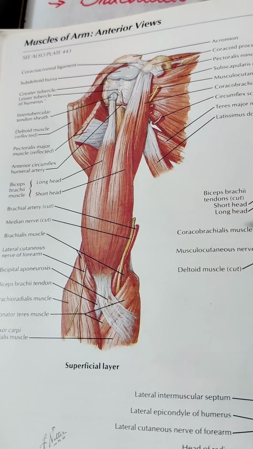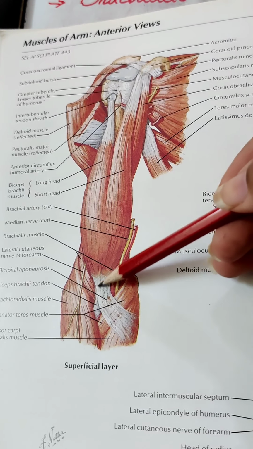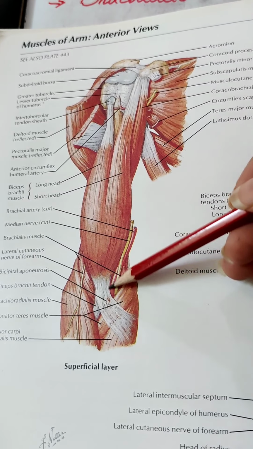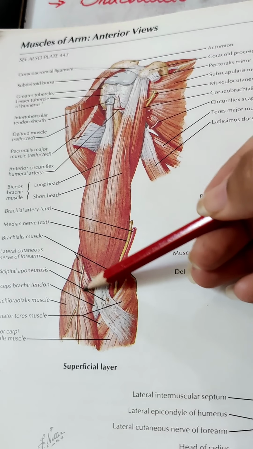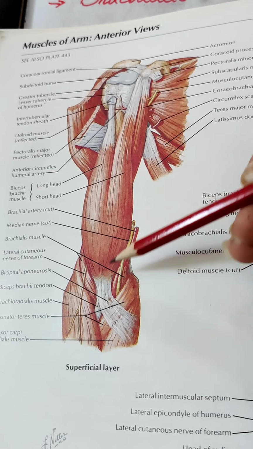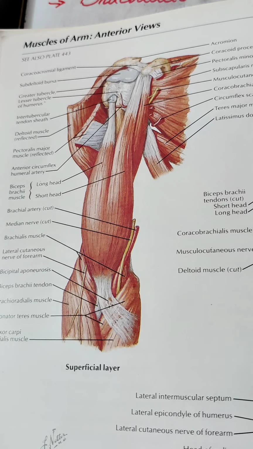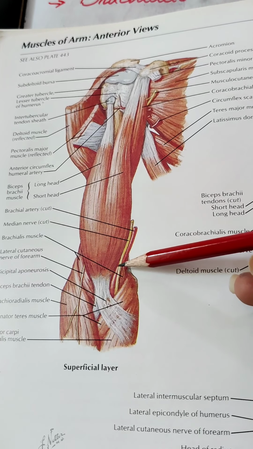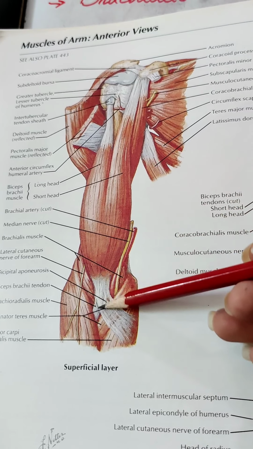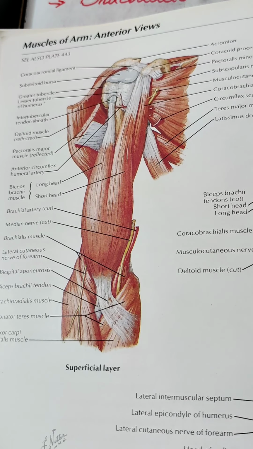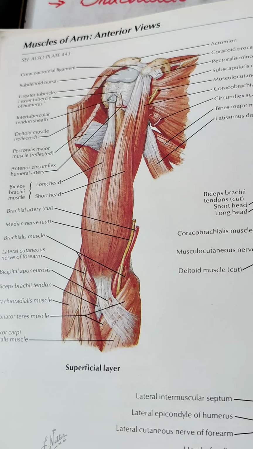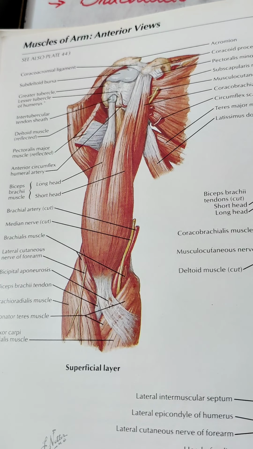Now this bicipital aponeurosis provides protection to the structures which are present within this area, and this part is known as the cubital fossa. Okay, we'll talk about it in detail later on. So there are various neurovascular bundles traveling through this part known as the cubital fossa, and the bicipital aponeurosis provides protection to these underlying structures.